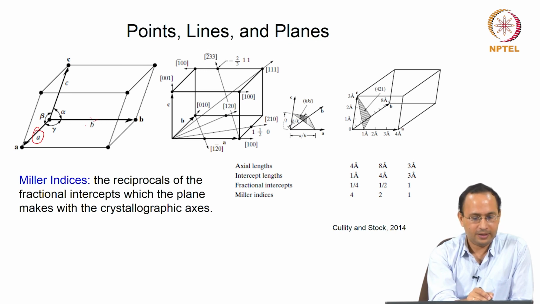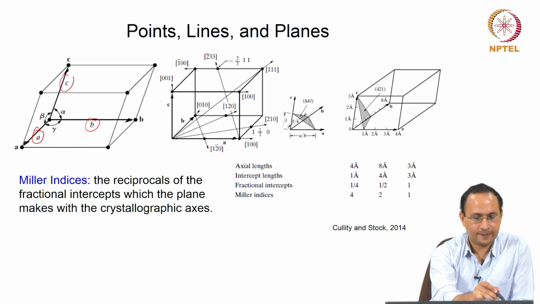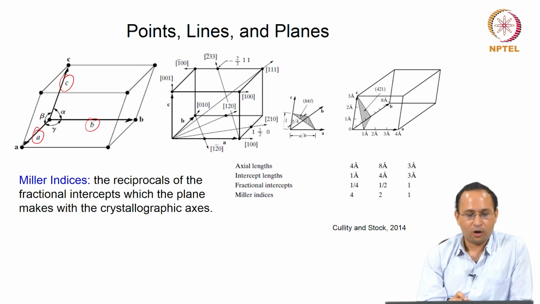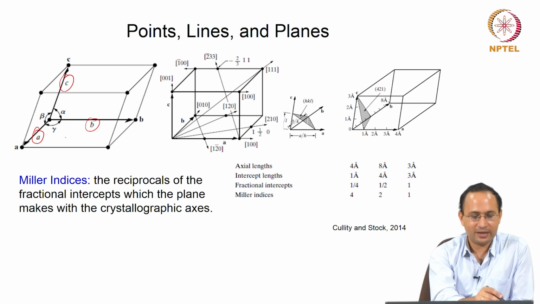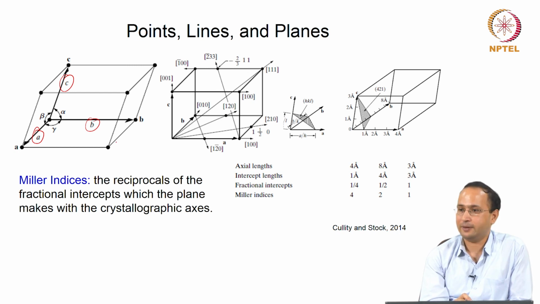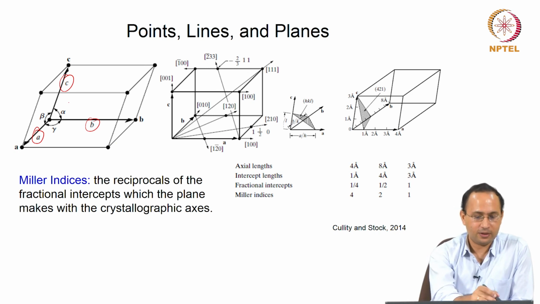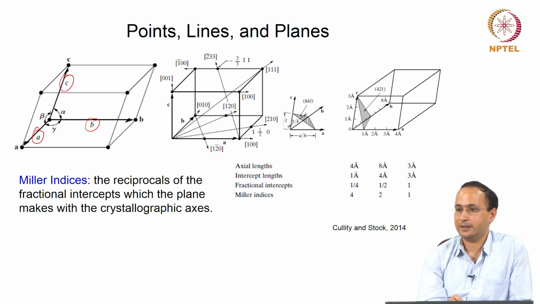Also important are the angles between these. Gamma is the angle between a and b, alpha is between b and c, and beta is between a and c. So these are the 6 things we need to know if we want to figure out which crystal system it belongs to.